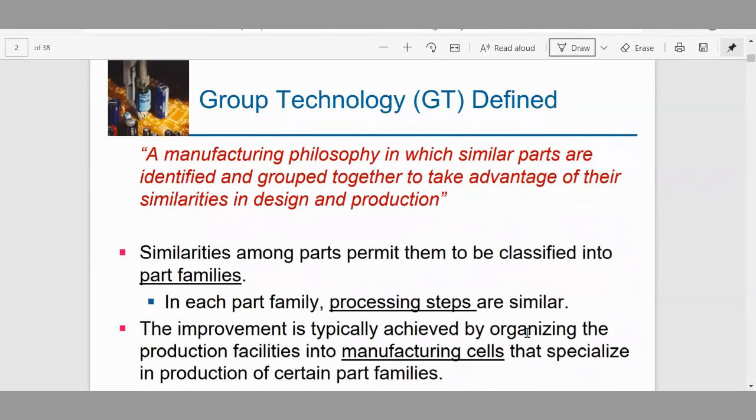If I can discuss with you about different types of manufacturing systems, then cellular manufacturing is one of the types of the manufacturing systems. From the word cellular, cellular means cells, and cells are like these type of cells in the industries, or you may say different sections.